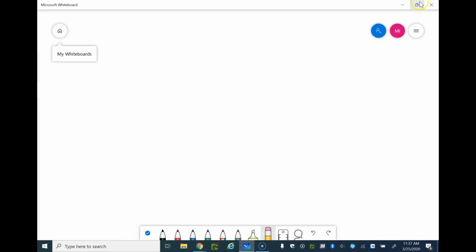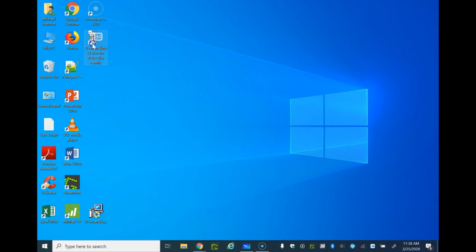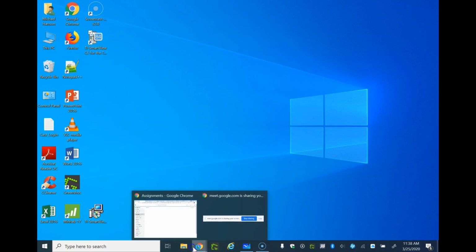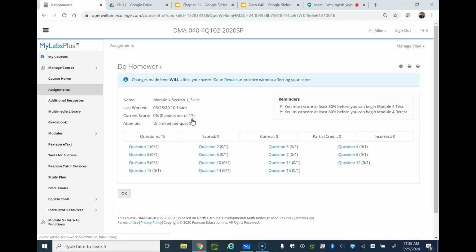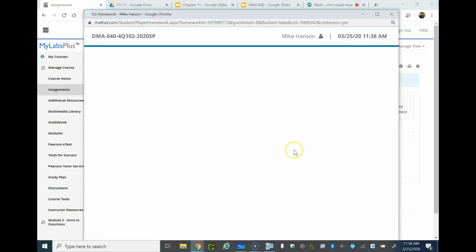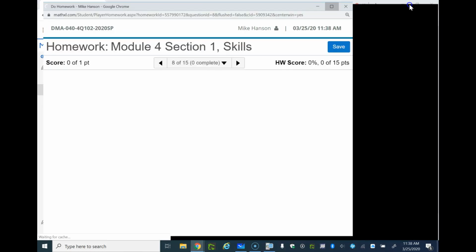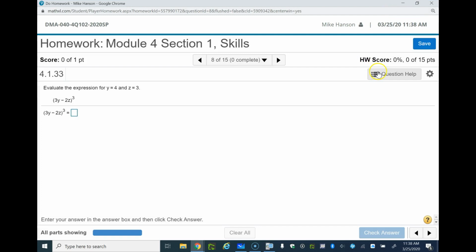While this is pulling up, I'm going to pull up my calculator. I wanted to go over number 8 and number 10 and view an example.